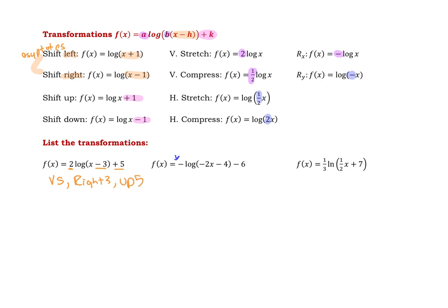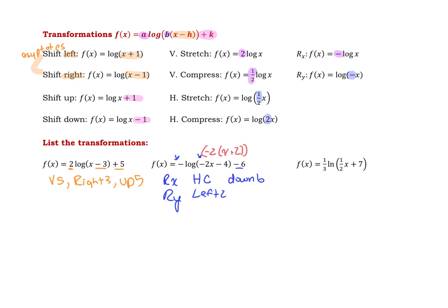Okay, this has a negative on the outside, so that's reflect over X. This has a negative on the inside, that's reflect over Y. And now I have to make sure I factor the B. So remember that's like division, so this becomes positive X and positive 2, because that will help me answer my other. The 2 is a horizontal compression. I already got the reflection. The +2 means I go left 2, and the -6 is down 6.